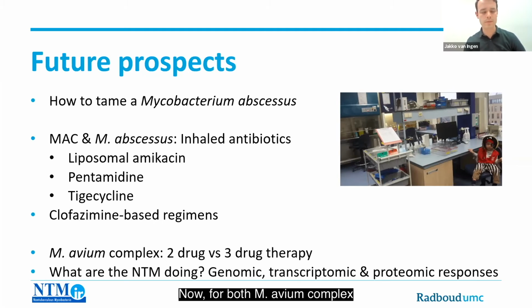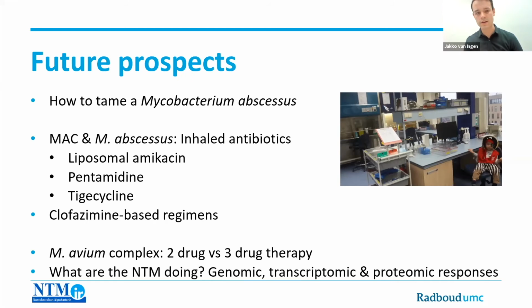And for both MAC, the Mycobacterium avium complex, and for Mycobacterium abscessus, we are going to focus on inhaled antibiotics, because if you have a lung infection, it would be a good thing to inhale the antibiotic so that it is directly at the site of action, and can directly enter the macrophages and access the mycobacteria.